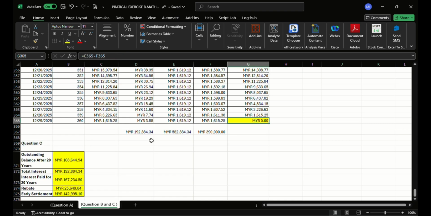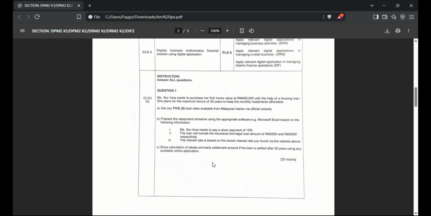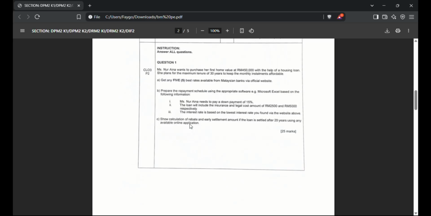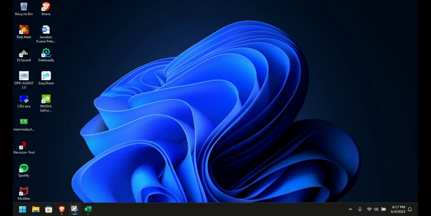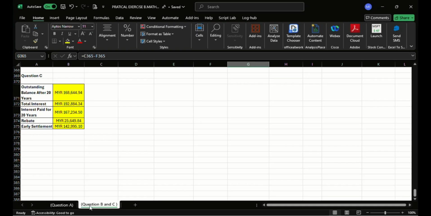Okay, let's move to question C. Question C: show calculation of rebate and early settlement amount if the loan is settled in 20 years using any available online application. We'll just use Excel here.